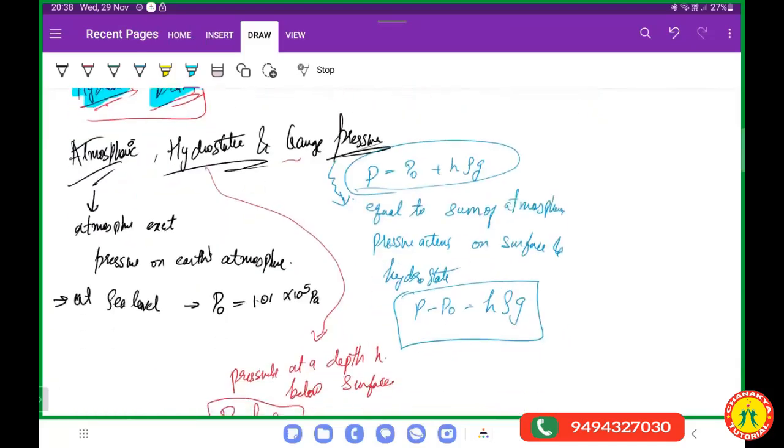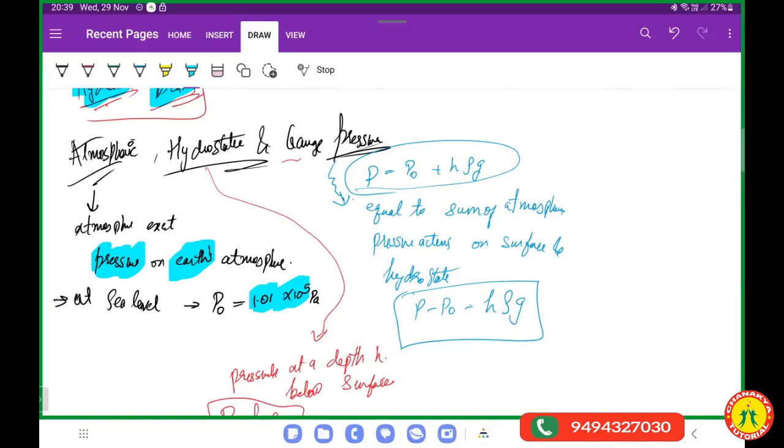So atmospheric pressure means the pressure exerted by the atmosphere. That is atmospheric pressure. At sea level, the value of atmospheric pressure is 1.01 into 10 to the power 5.